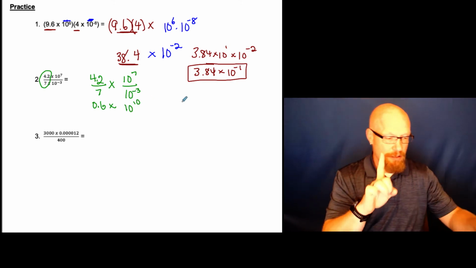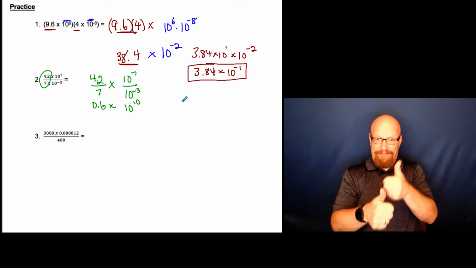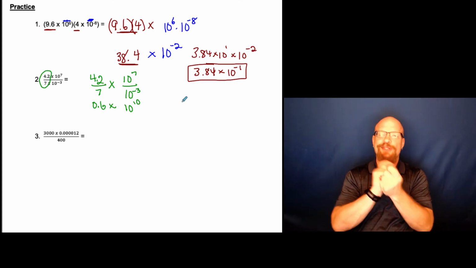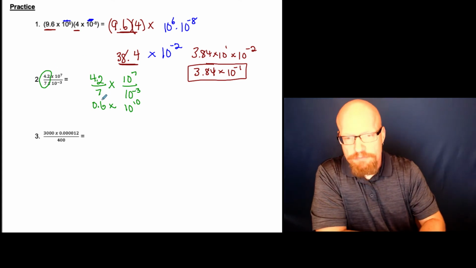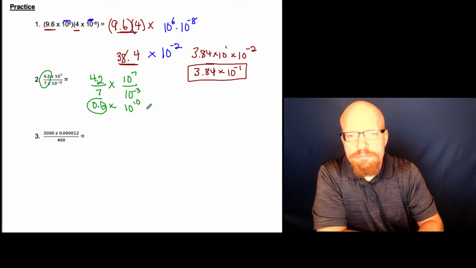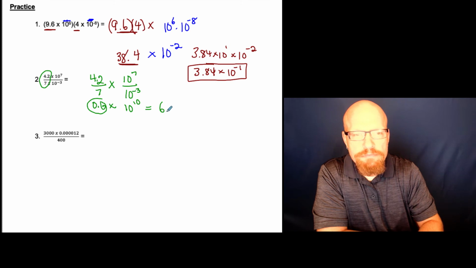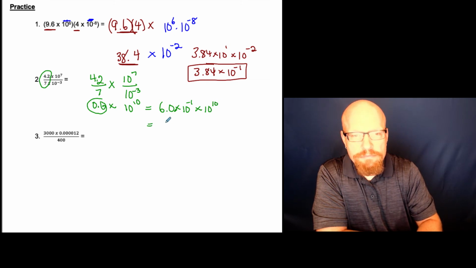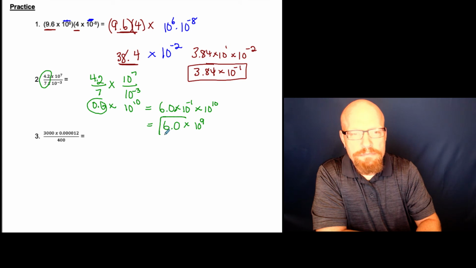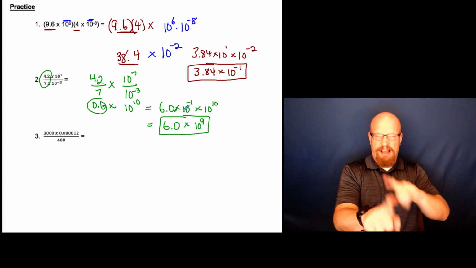All right, now, again, 0.6, it does not follow the scientific notation rules. We have to convert it. Okay, and that's our answer for that one.